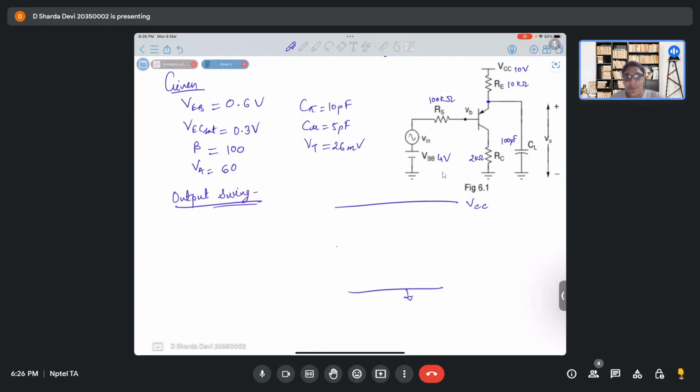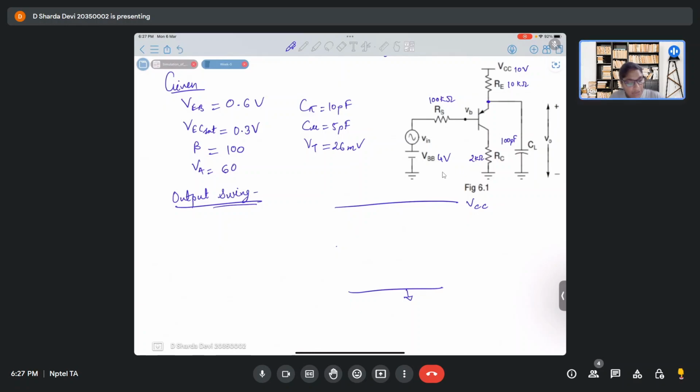What are the bias points or voltage levels which we need to find the actual value of swing? How will we find the swing? We did this last time also, right? How did we find the swing? What was the first step? We find VCE, VEC.